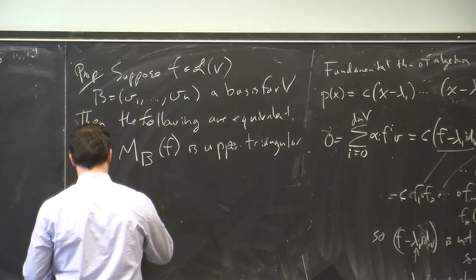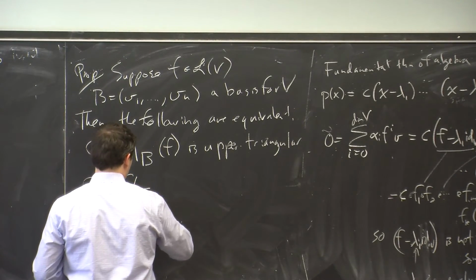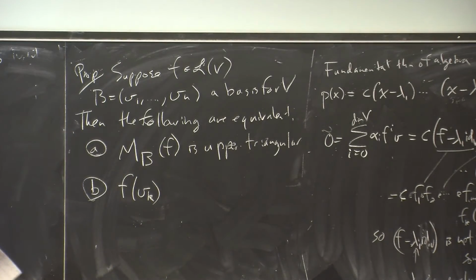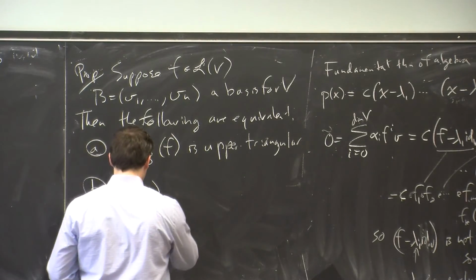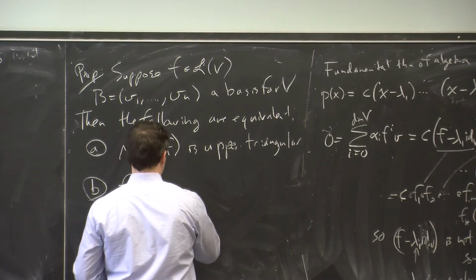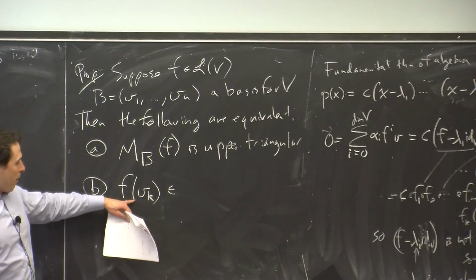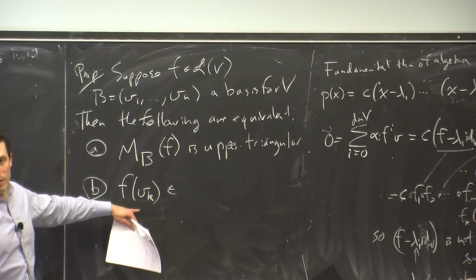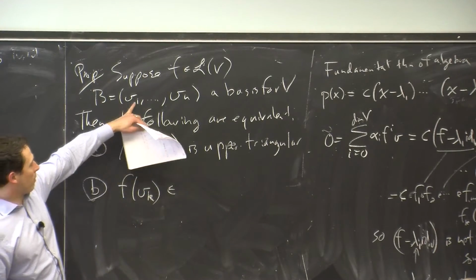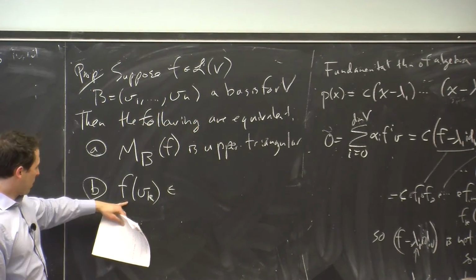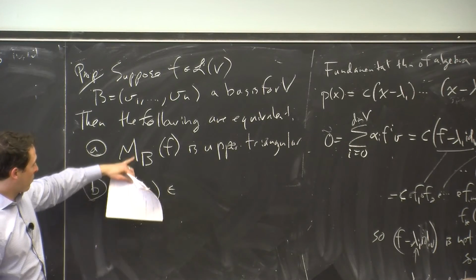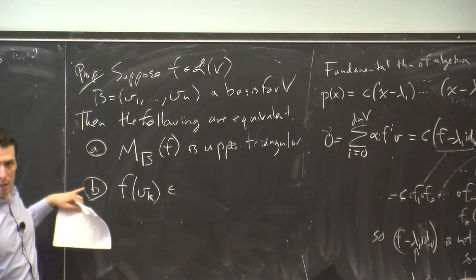Secondly, and here's where I have to think about it for a moment: if I take an input vector vk and think about what happens, I have vk input and F of vk output. Whatever F of vk is, it's going to be expressible as a linear combination of the basis elements v1 up to vn. And for it to be upper triangular means that it has to be expressible in terms of the basis elements vk and all the ones that come before it.